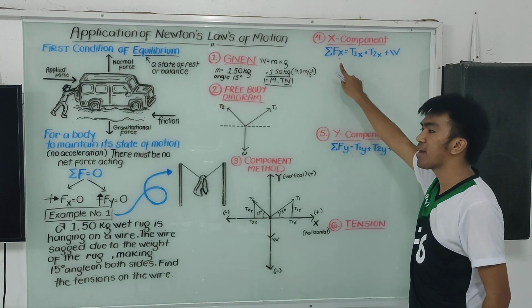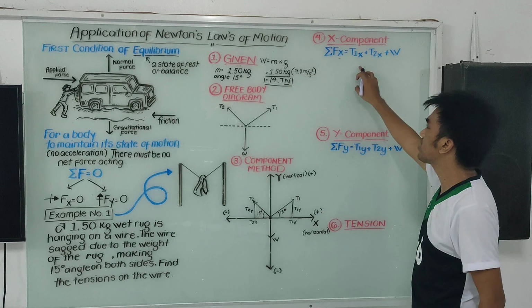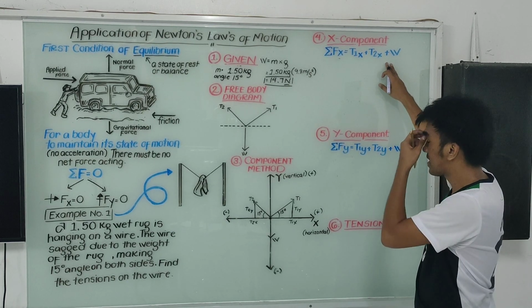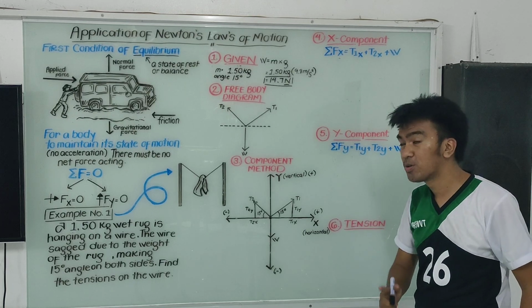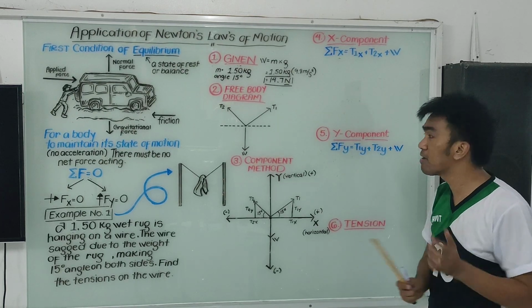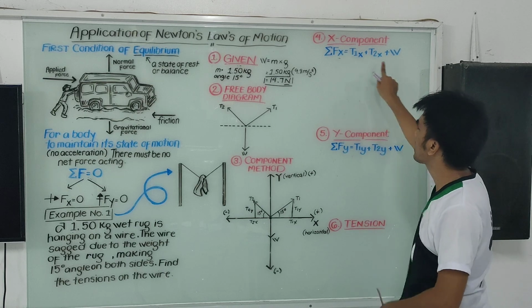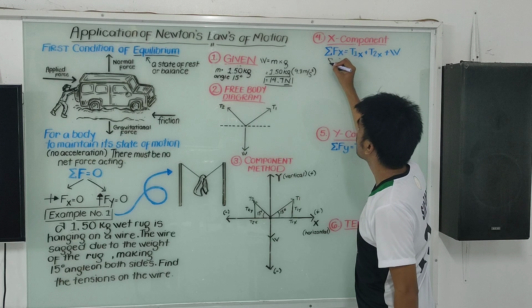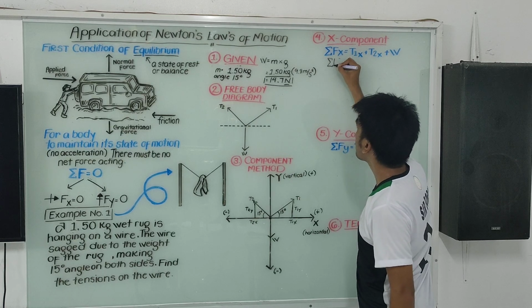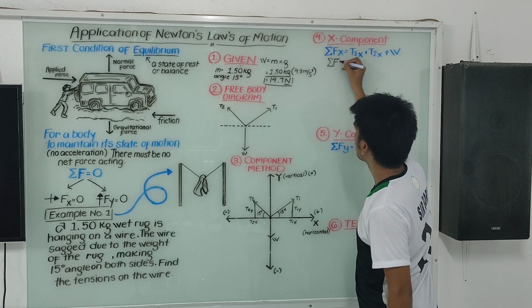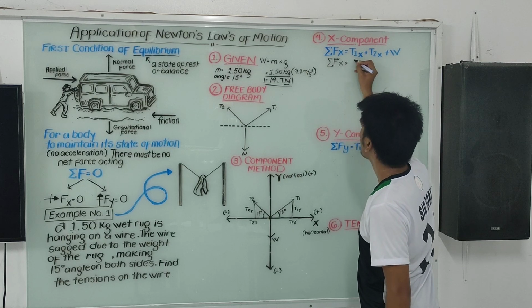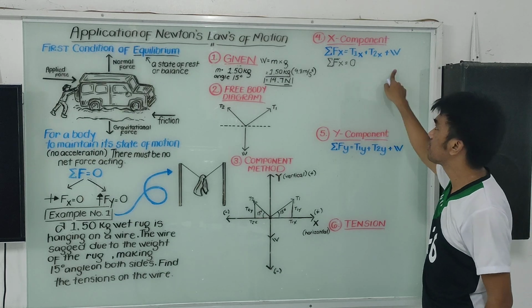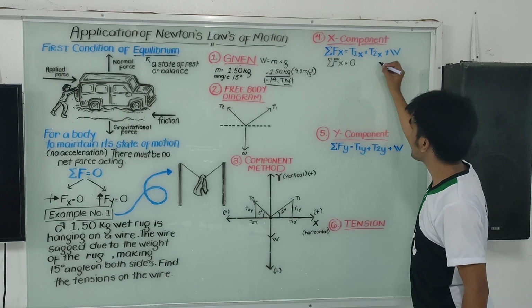Summation of Fx is equal to tension 1x plus tension 2x plus W. Are we clear with that? We have to remember that the summation of all forces is always 0.